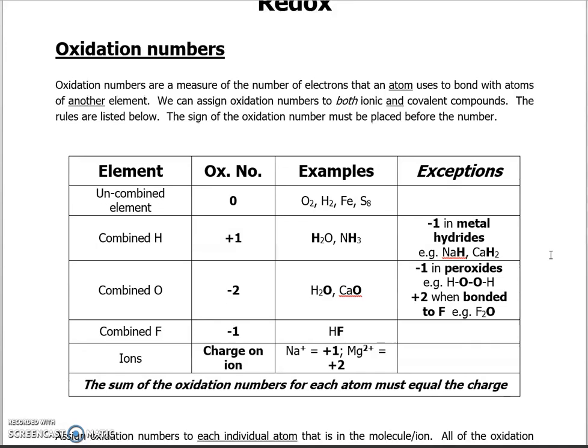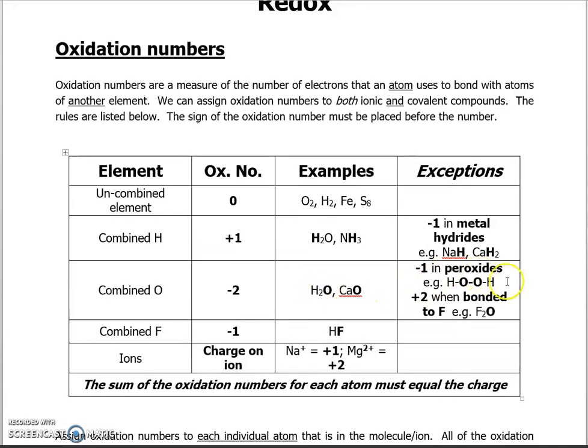When oxygen is combined to another element, its oxidation number is -2. This stands to reason for ionic compounds, because the charge of an oxygen in an ionic compound is -2. But also, the oxidation number is -2 in water.